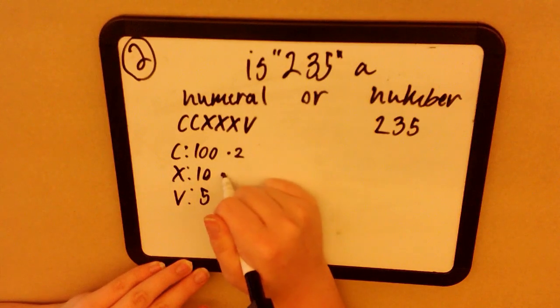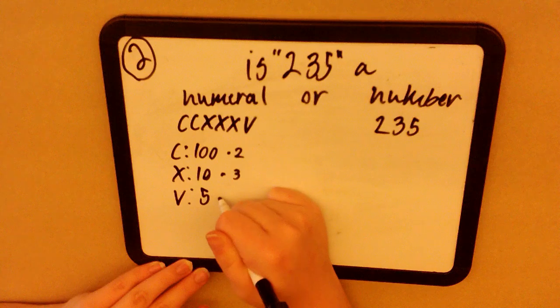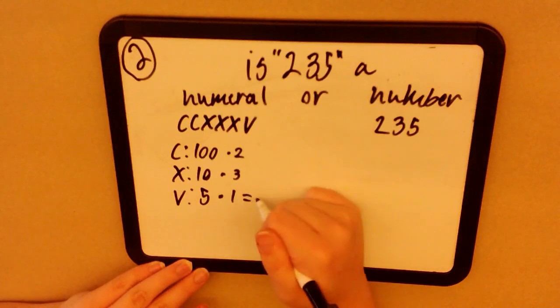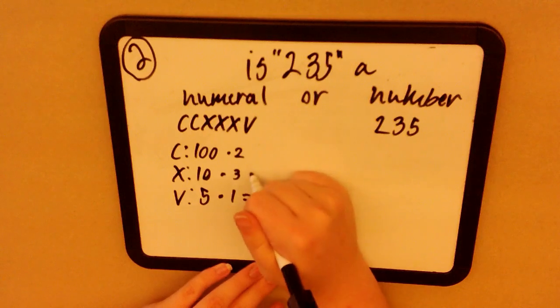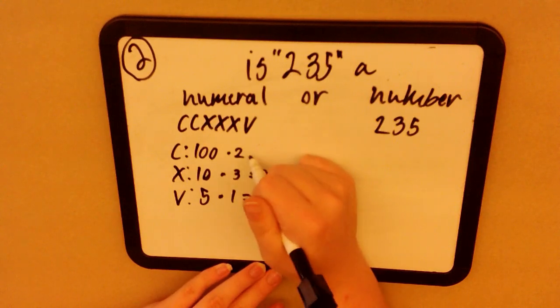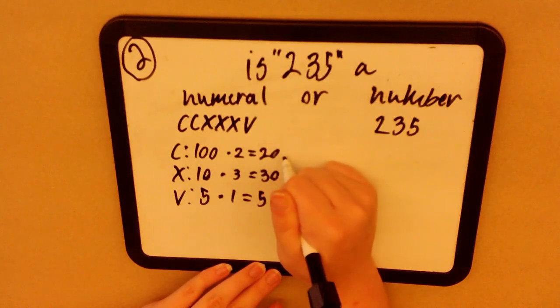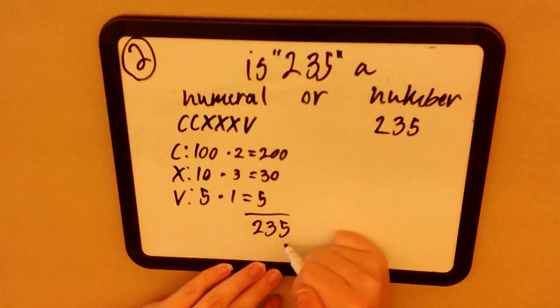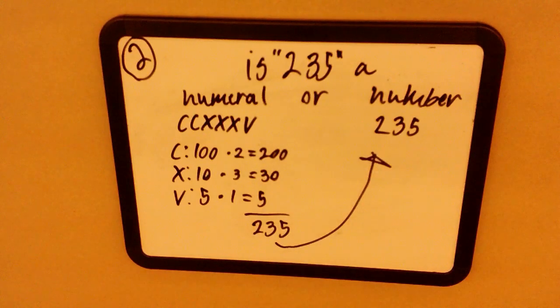And so you can see that 100 times 2, 10 times 3, and then 5 times 1, that's going to be 5, 30, and then 200, and then you'll just add those numbers up and you're going to equal 235. So that's how you understand that it's a number rather than a numeral.